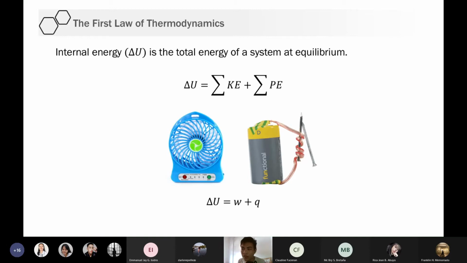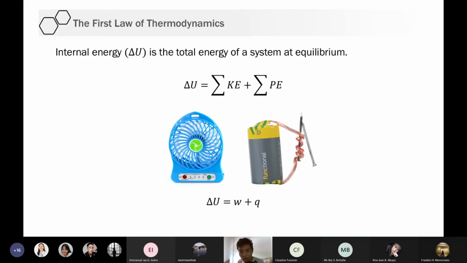Sa tao, ganun din, no? Kunwari, ano yung potential energy ko? Yun yung mga chemicals stored in my body. Chemical potential energy yon. Okay, yun yung mga energy na nasa phosphate molecules, nasa glucose molecules, etc. Ano yung kinetic energy dito? Yung motion ng particles ko. Okay? Kunwari, yung blood ko, nagfo-flow siya from paa. Tapos mamaya, yung blood ko nasa ulo ko na.